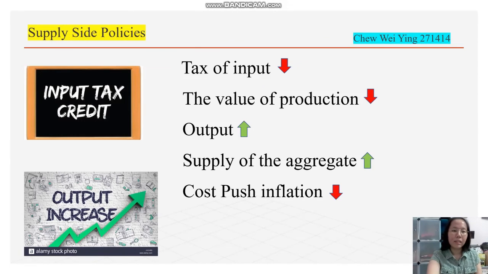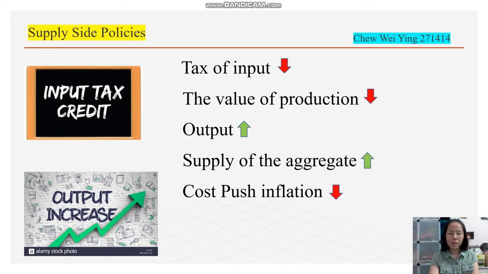For the last one, supply side policy. The government needs to use this policy to overcome inflation by decreasing the tax on inputs, so the cost of production will decrease.